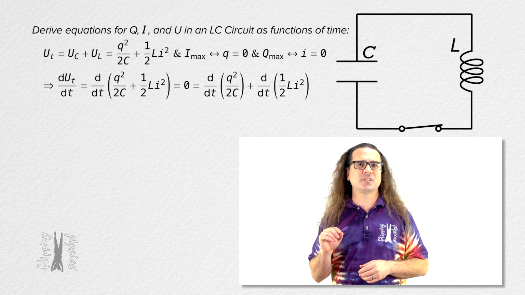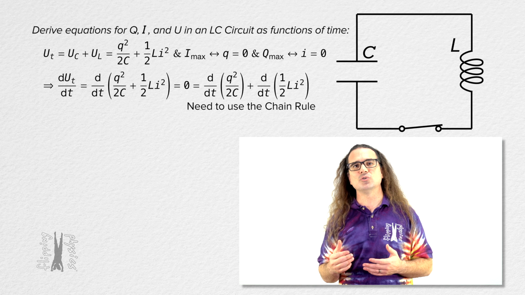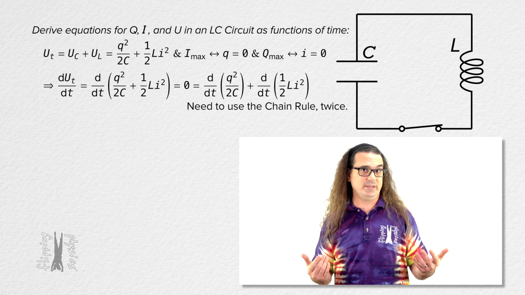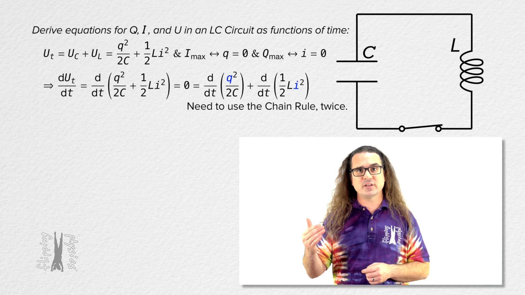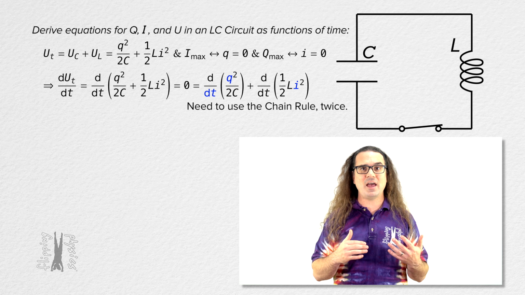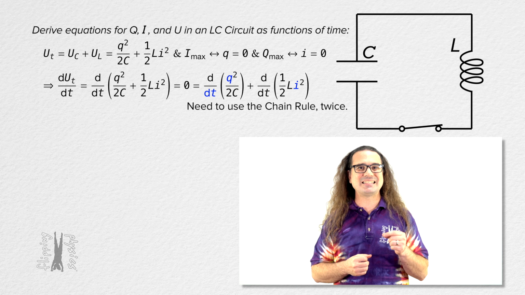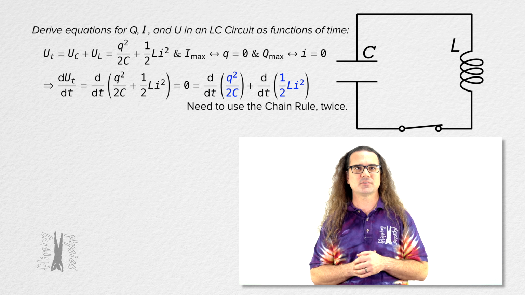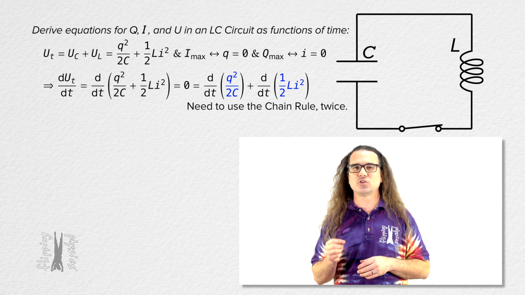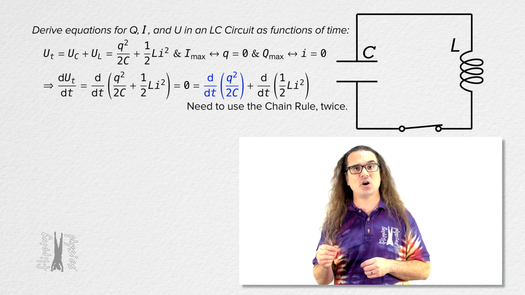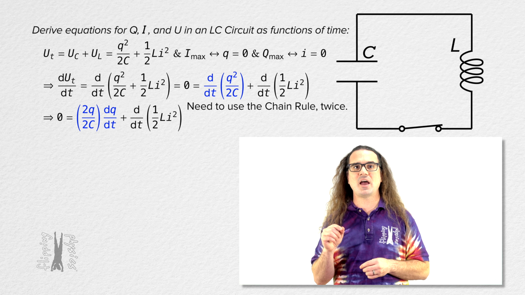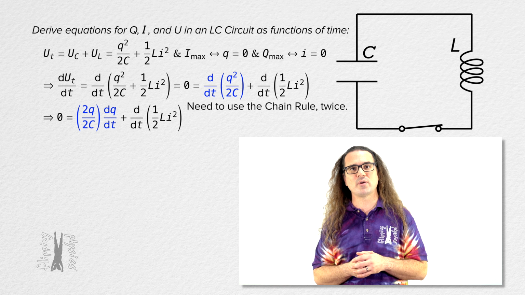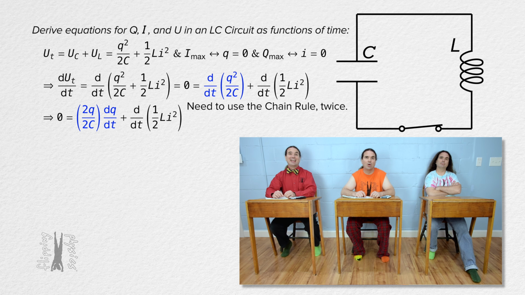Now, in order to take these derivatives, we need to use the chain rule twice. Because the variables for charge and current both change with respect to time, however, the variable t is not in either of those equations. In other words, the derivative with respect to time of charge squared divided by 2 times capacitance equals 2 times charge divided by 2 times capacitance, all times the derivative of charge with respect to time.